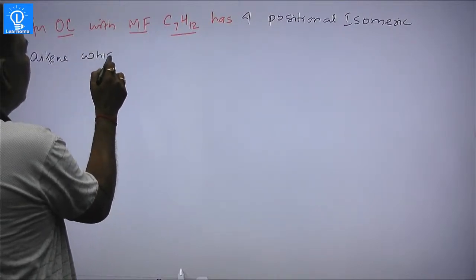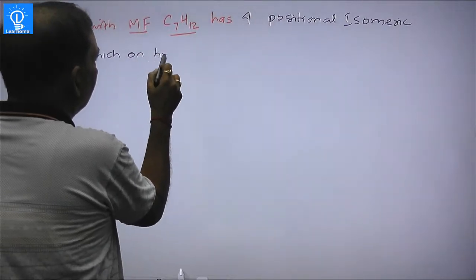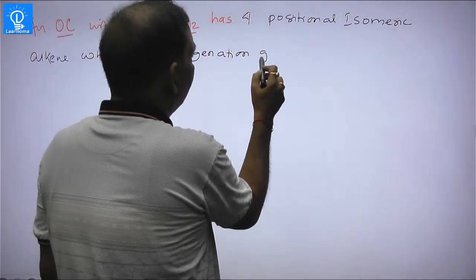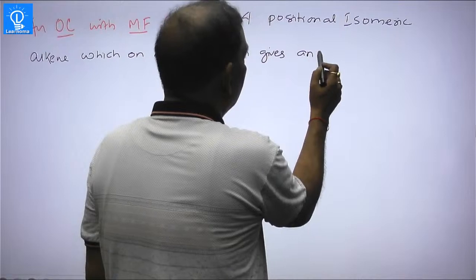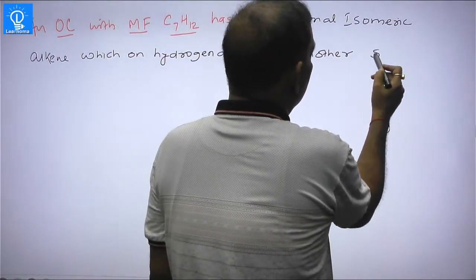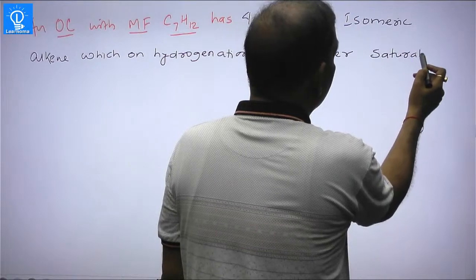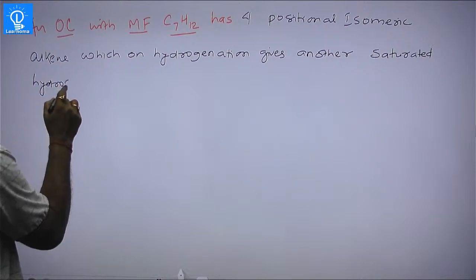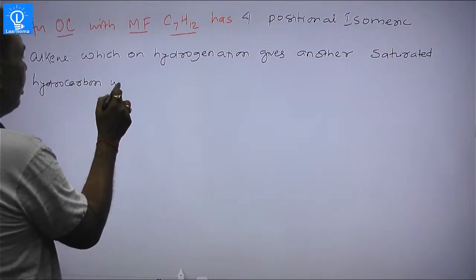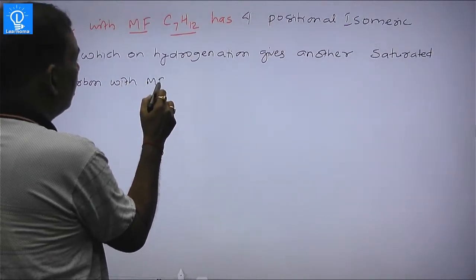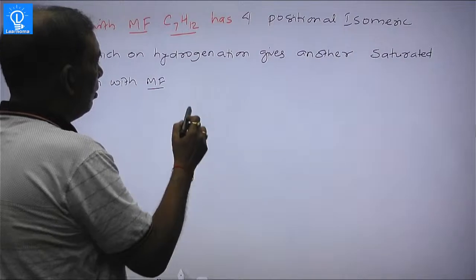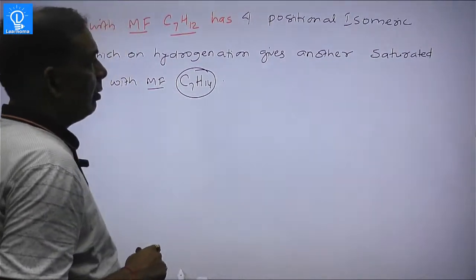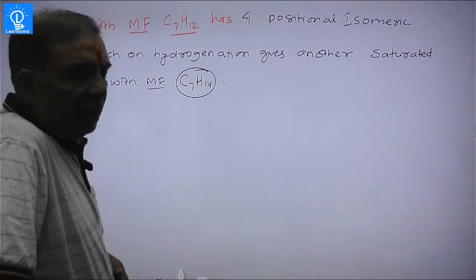Which on hydrogenation gives another saturated compound, a hydrocarbon with molecular formula C7H14.